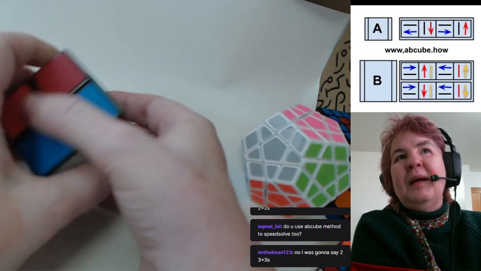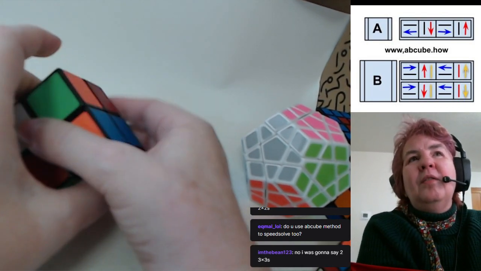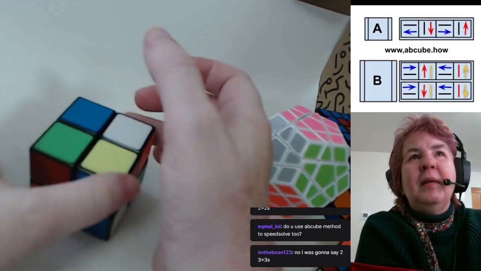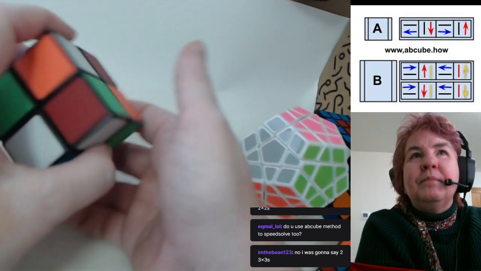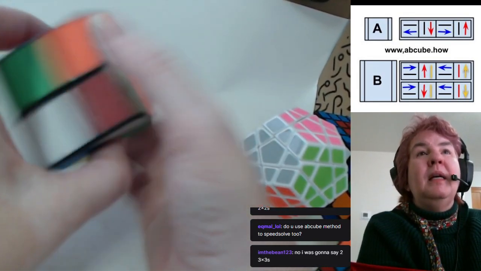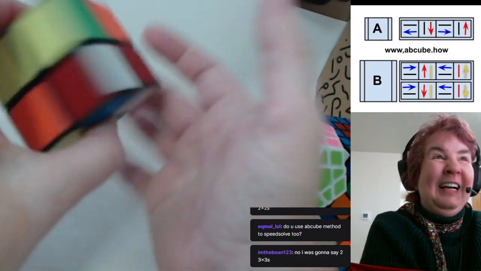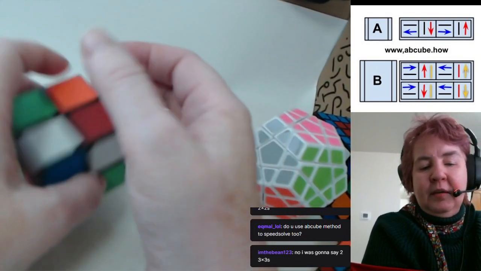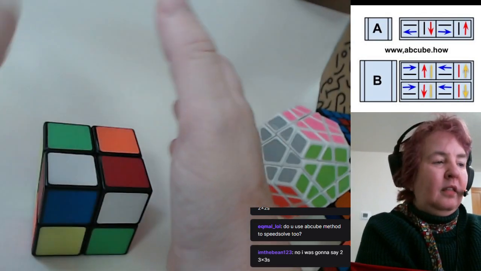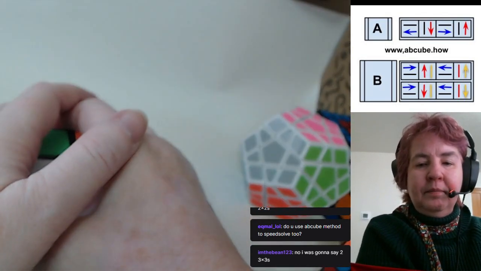I could relearn the methods, but I don't know any other methods. I only know my method. So yes, when I speed solve, I only use my Formula A and B, which is how I beat a minute once. So you can beat a minute with my method, just like you can beat a minute with a beginner's method.